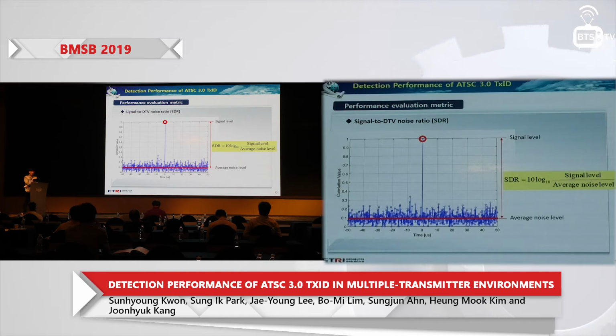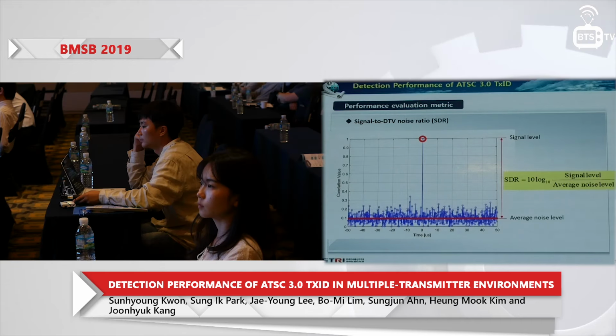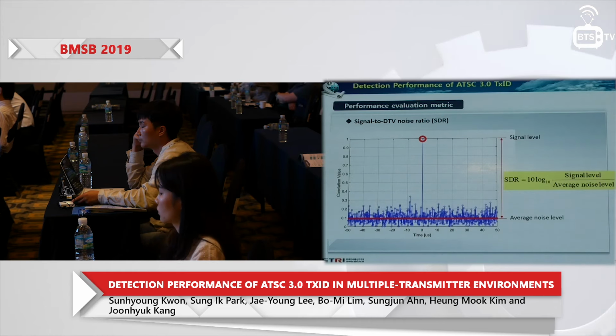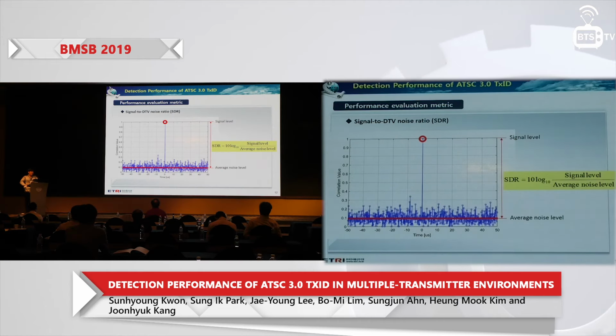In order to quantify the detection performance of a TxID signal, we are using signal to DTV noise ratio as an evaluation metric. This metric was also used in ATSC 1.0. It is defined as the ratio of the desired signal level and the noise level of the correlation values.